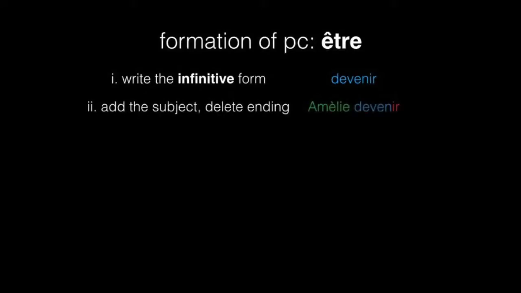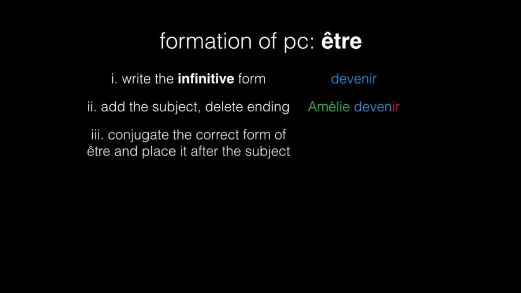Now for the formation of the PC in être. Step 1, as always, write the infinitive form. That's going to be the first step in any formation. Step 2, add the subject, in this case Amélie, which is female, and delete your ending. Step 3, conjugate the correct form of être, in this case Amélie est, and place it after the subject.